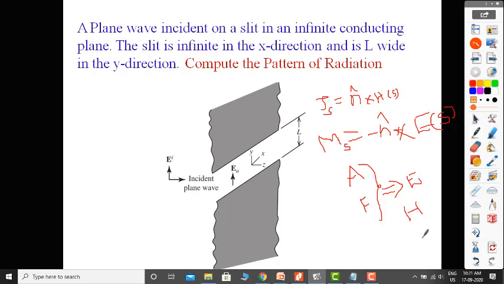This is the procedure we formulated in our earlier class to compute the electric and magnetic field at a far distance from the source fields in the aperture antenna.